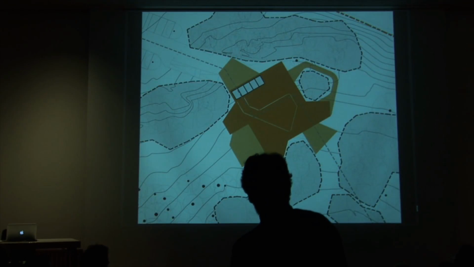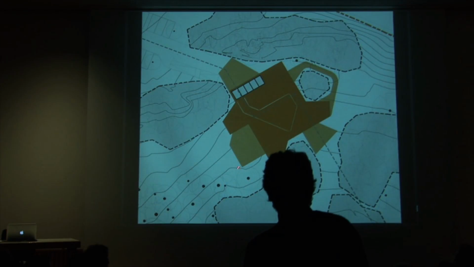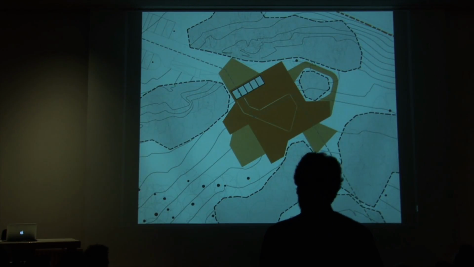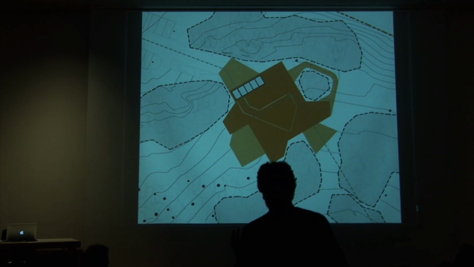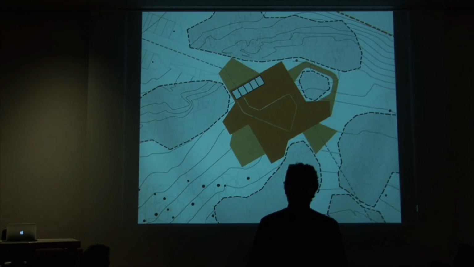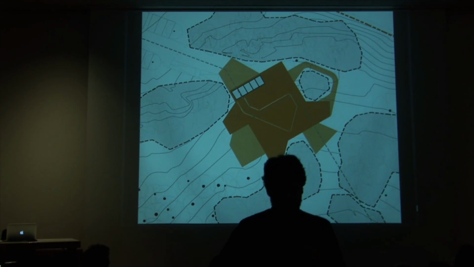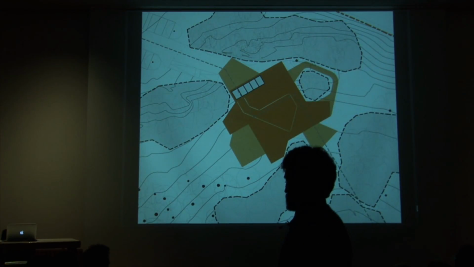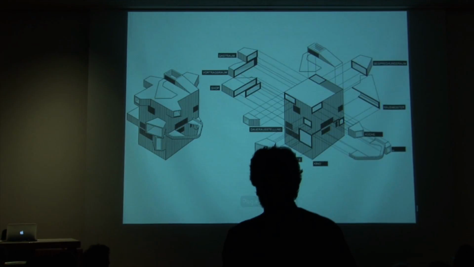So we had some careful drawings with all the position of all the trees, and we defined a volume that would grow around it whenever it was possible, respecting the branches and the voids that the trees would leave.